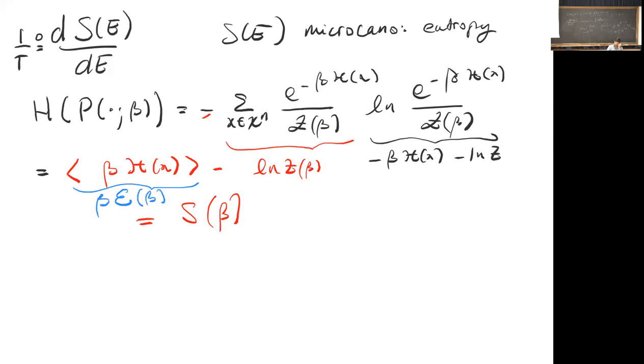Here it's beta times E beta. I can put this beta outside here. And sorry, here this minus and this minus simplify, so I have a plus here also.